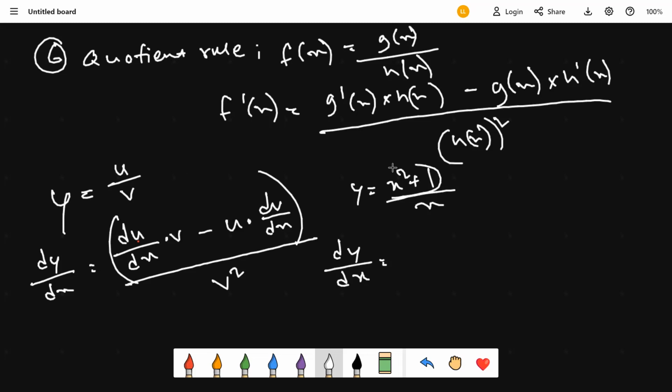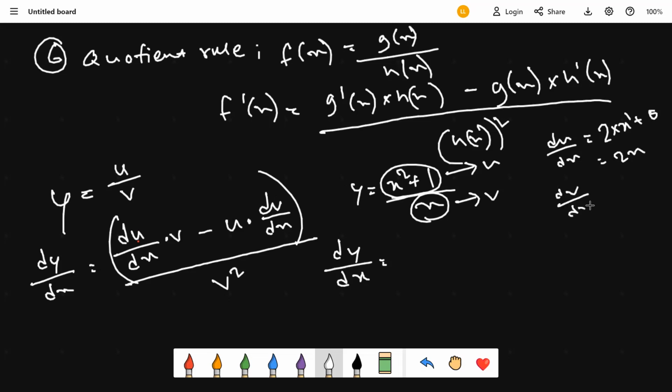If you consider this as our u and this as our v, then du by dx is 2 times x to the power 1, plus 1 is a constant so it becomes 0. So we are left with just 2x. And dv by dx is what? Since we have x, differentiating x gives us 1 times x to the power 0, so that is equal to 1.